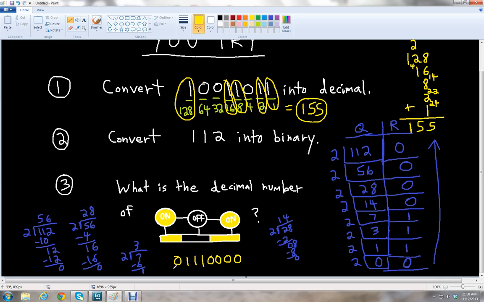And then remember, we can get rid of the first 0. So we have 1, 1, 1, 0, 0, 0, 0. And that would be our binary number, 1, 1, 1, 0, 0, 0, 0.